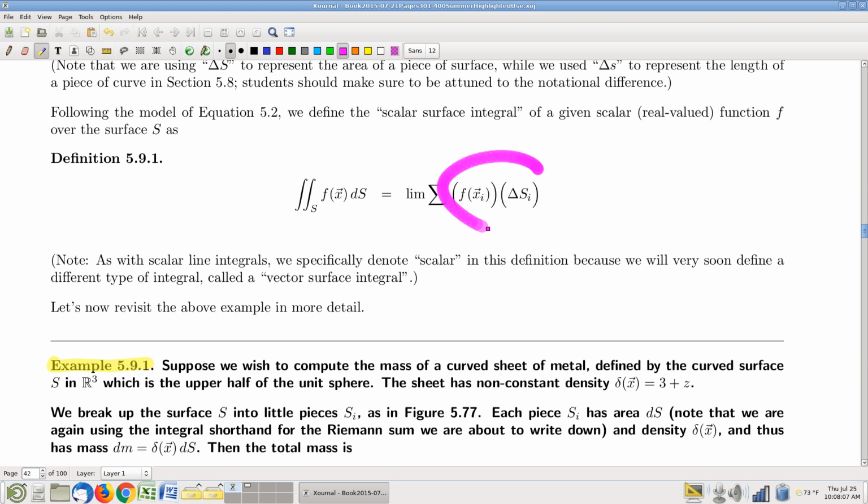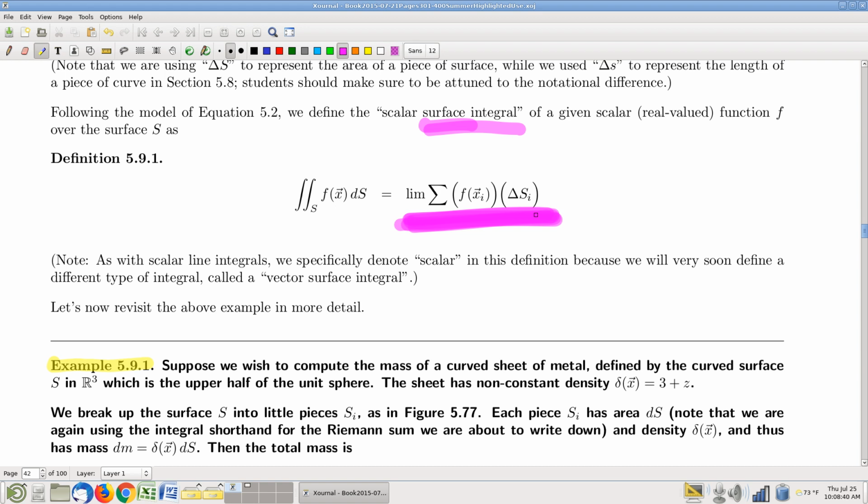So this expression here is just a way of calculating whatever we're interested in on that little piece, and then I need to add up over all the pieces. We're adding up over a surface, so this is called a surface integral. Everybody good? Again, I emphasize this is a very different kind of Riemann sum, as I've got it written down here. This is not the same as a two-index, double integral Riemann sum. This is importantly different.